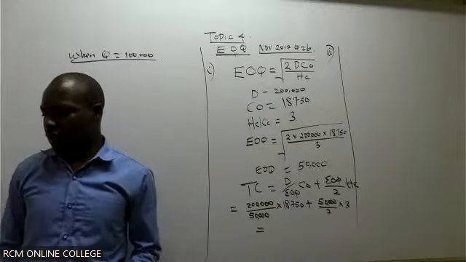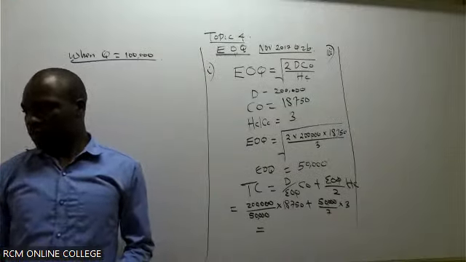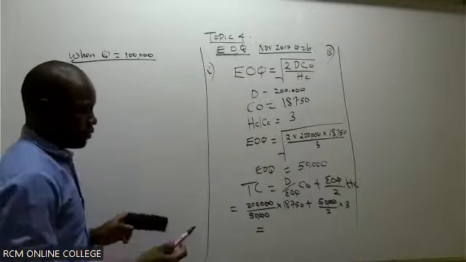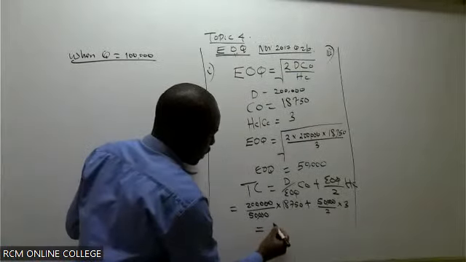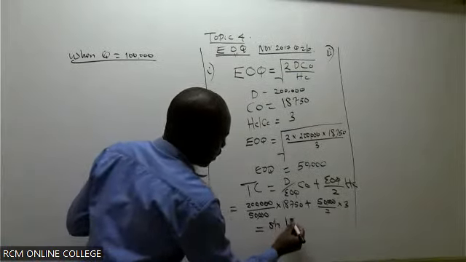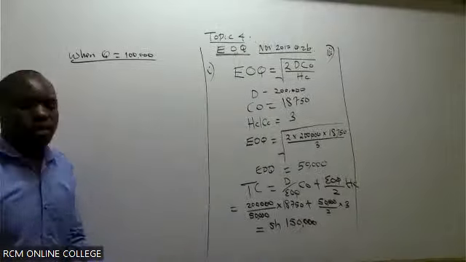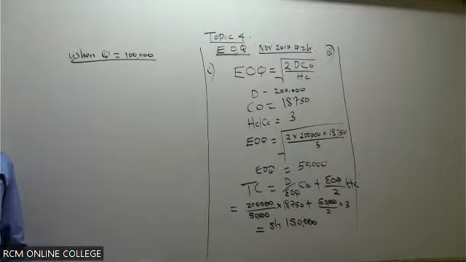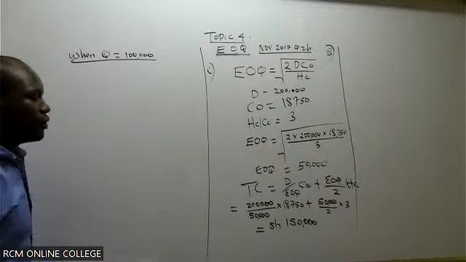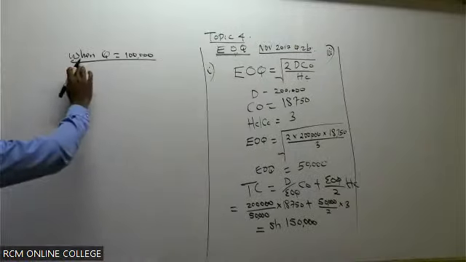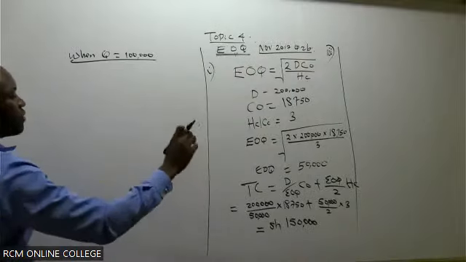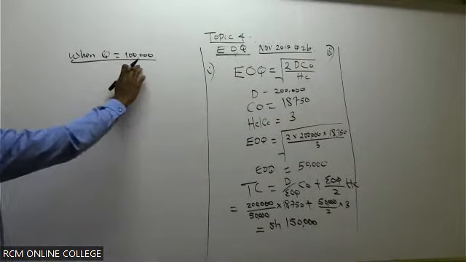Okay, so the total cost incurred there is 150,000 shillings. So let's do the same now that the economic order quantity has been changed to 100,000 units.